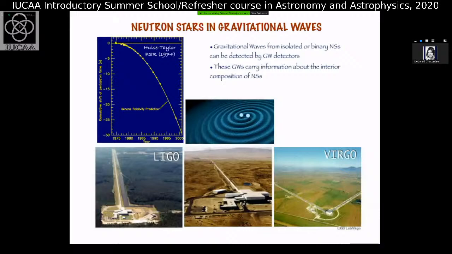Recently, there has been a totally new window which has opened up with the detection of neutron stars in gravitational waves. Gravitational waves had been indirectly measured by Hulse and Taylor back in 1974 when they observed a binary pulsar system which was losing energy by emission of gravitational waves and therefore approaching each other.